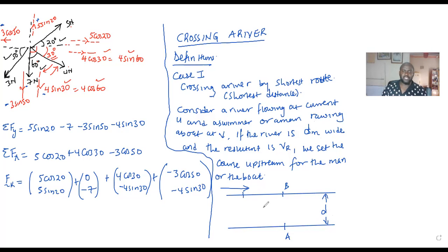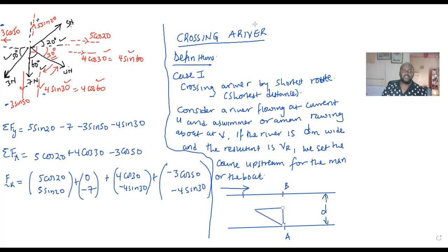So what we do is set the course upstream to some point C. When you set the course upstream to some point C, what happens? The river will blow the person until he or she arrives where they have to arrive, right here.